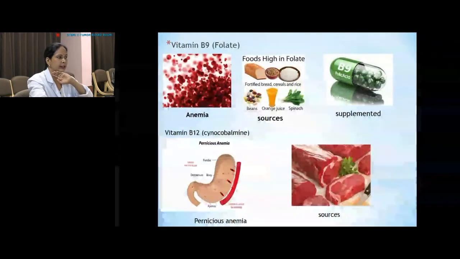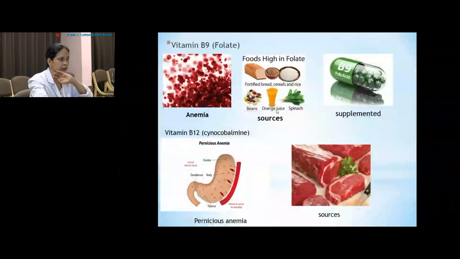Basically it comes from vegetarian sources: orange juice, beans, spinach, raw rice or bread, fortified bread, pasta, oats. And again, in the acute phase, supplementation can be given.